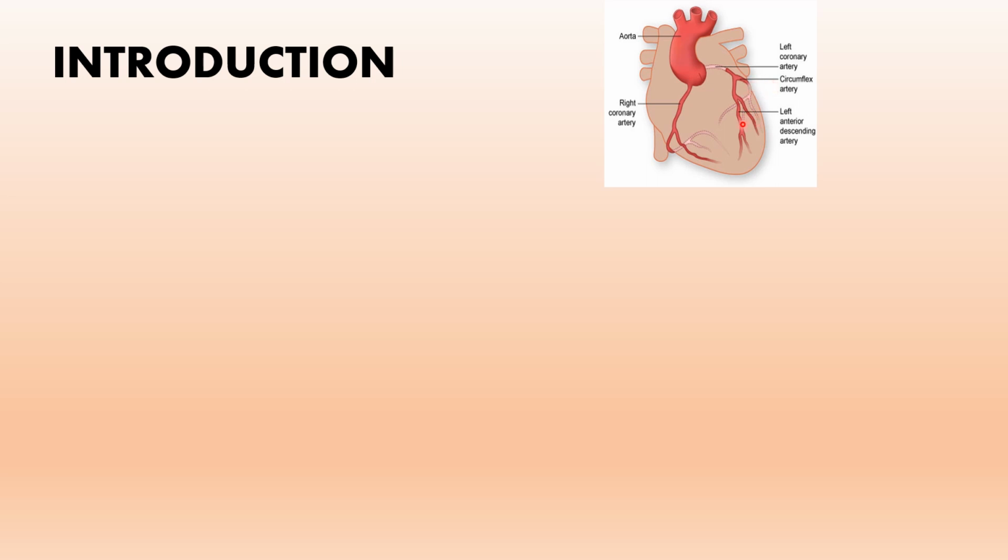So the heart muscle is supplied by two main blood vessels, left and right, and the left side is again divided into two branches. The left coronary artery supplies almost 40 to 60% of the heart muscle, and the right side supplies around 40% of the heart muscle. So this is the blood supply of the heart.